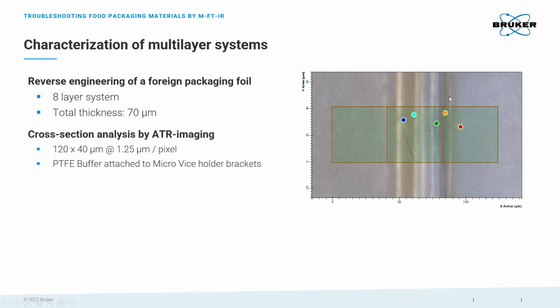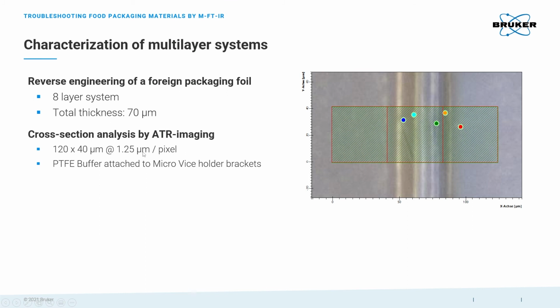So we see a visual image, and here our measurement area. 8 layers within a 70 micrometer foil means that we definitely need a very high spatial resolution. What we did here is a cross-section analysis, ATR imaging, with a field of view in this case of 120 by 40 microns. This is exactly the area we see here.